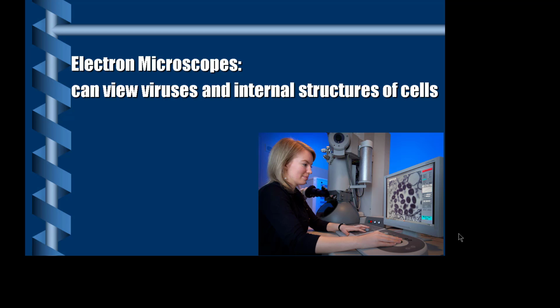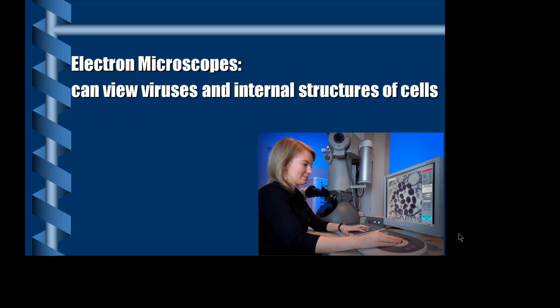The electrons bounce off of the organism and are recorded using a screen that kind of lights up where the electron hits. All of that is hooked to a computer, and the computer takes all that information and creates an image.